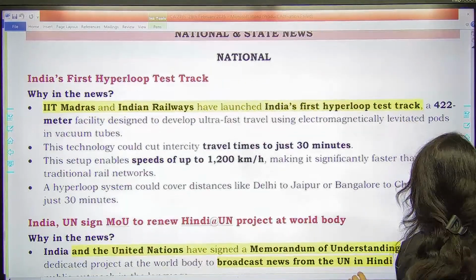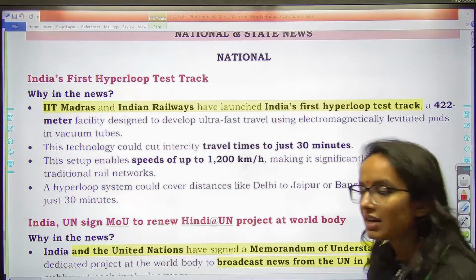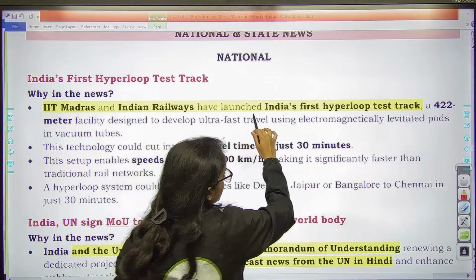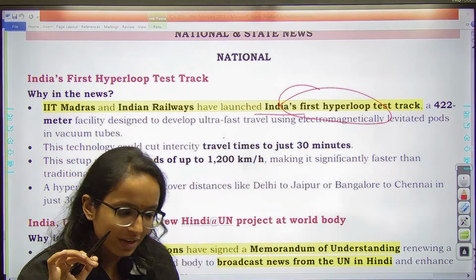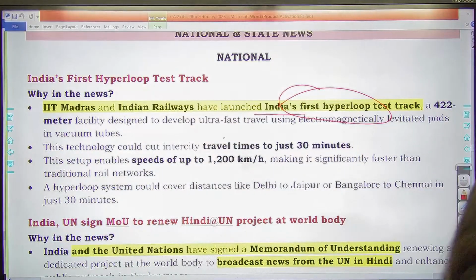Moving on to national and state news. IIT Madras and Indian Railways have recently launched India's first Hyperloop test track that is going to be very fast, reducing traveling time between two cities significantly. So this Hyperloop test track of 22 meters is for ultra fast traveling using electromagnetically levitated pods in vacuum tubes.